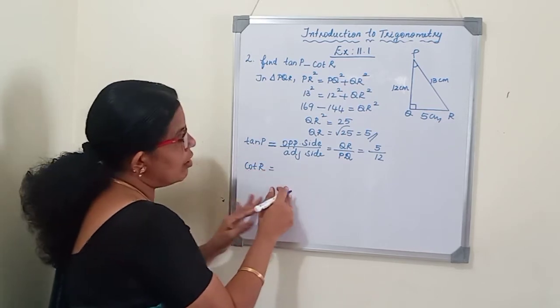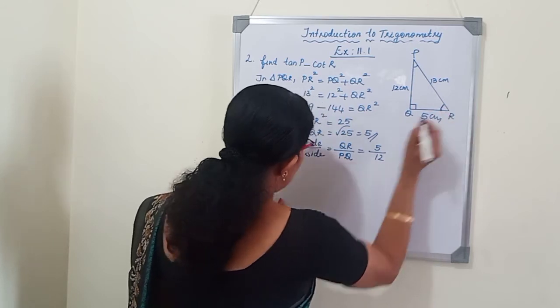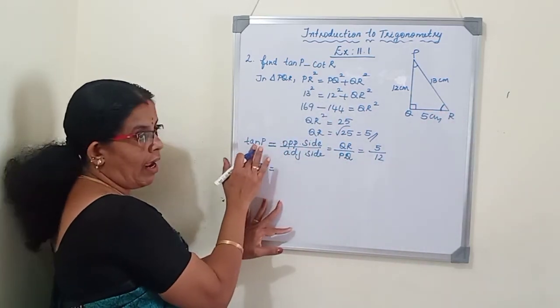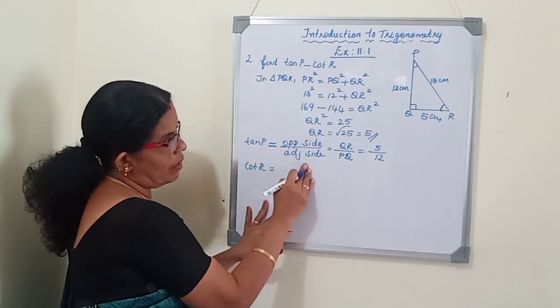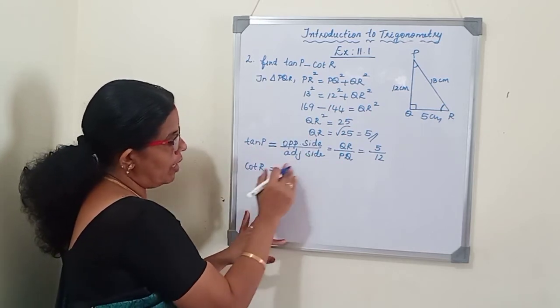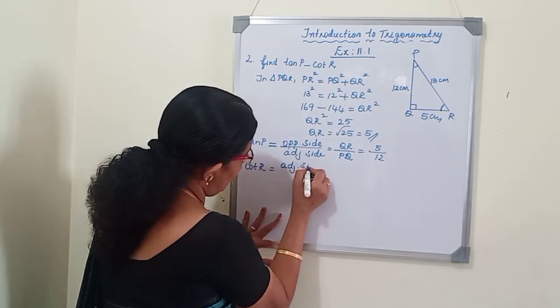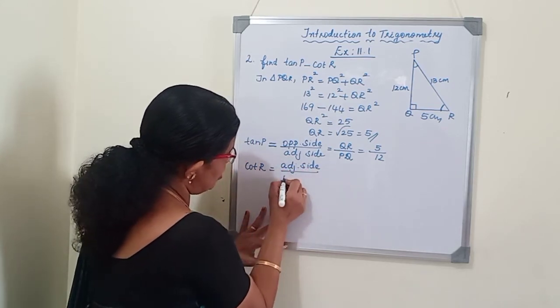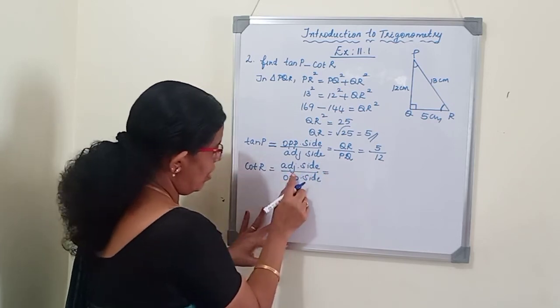Next, we will see cot R. Cot R, with respect to this angle we have to write. We know that tan and cot are reciprocal ratios. If tan theta is opposite side by adjacent side, cot theta will be adjacent side by opposite side. So, remember the formula, easy for you to do these sums. Just write the reverse.